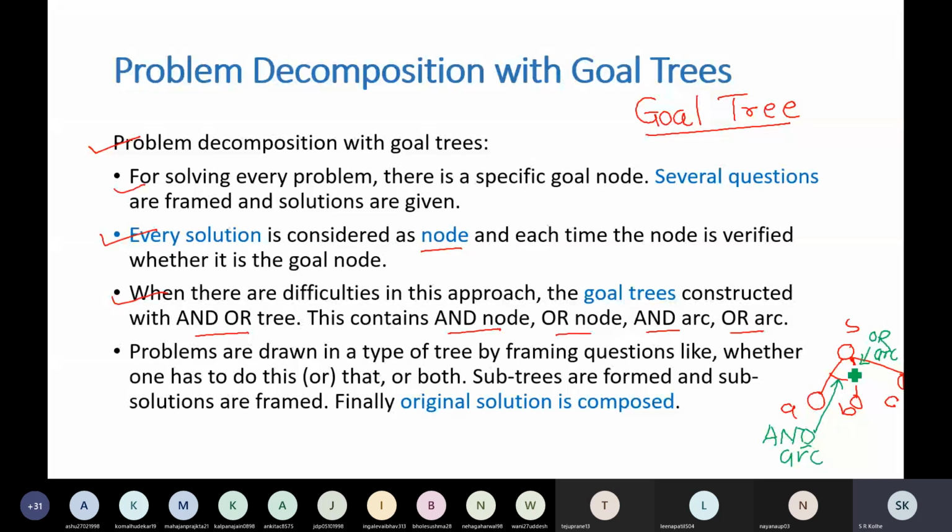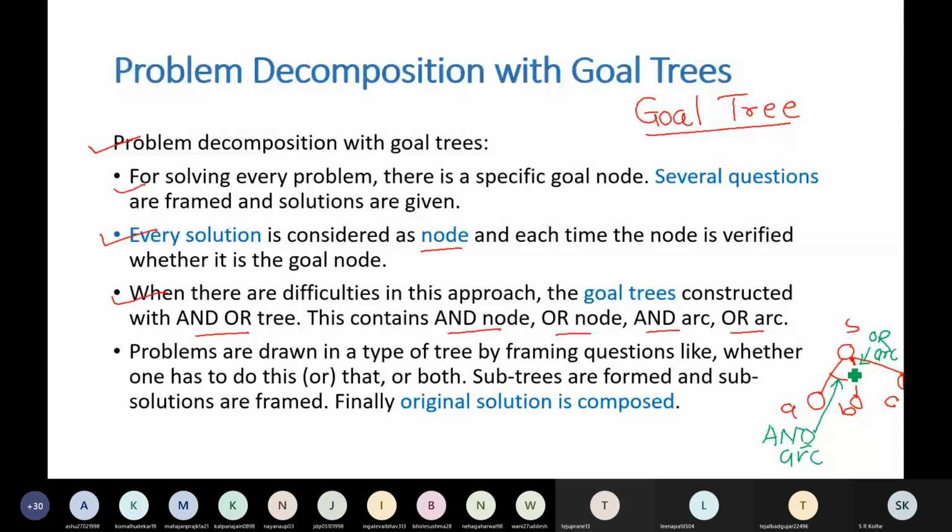So AND/OR graph will contain AND type of node. Now what is AND type of node? What are AND type of nodes in this subgraph? A and B. A, B, right. OR type of node? B, C. C. B or C. Right, C node. Correct.